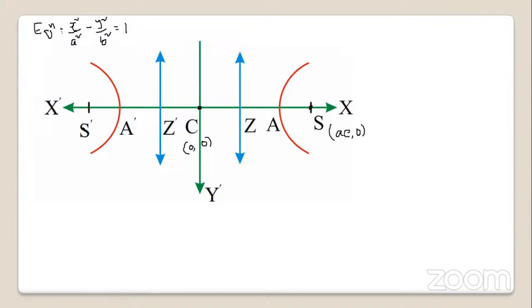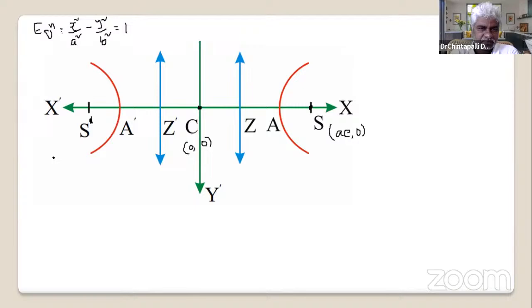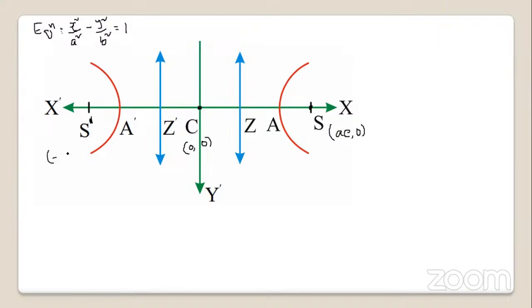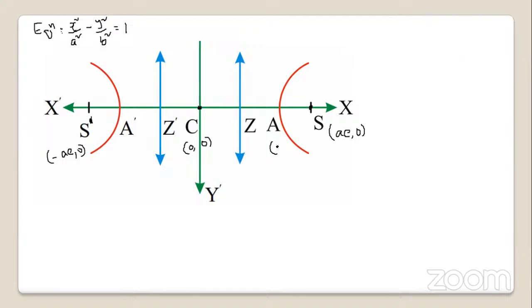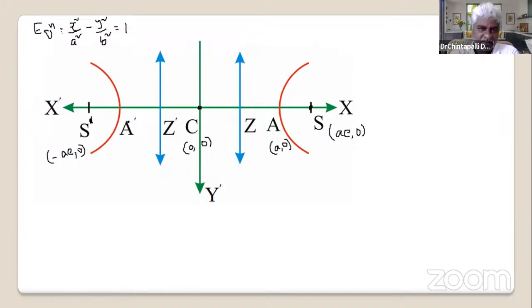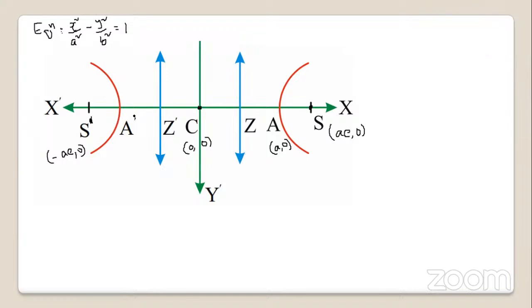Very good. S dash is negative A comma 0. Vertex A comma 0, A dash negative A comma 0.